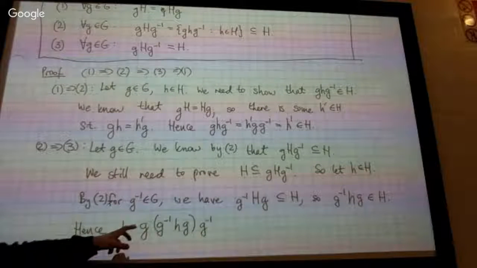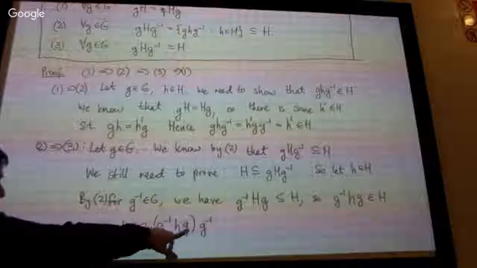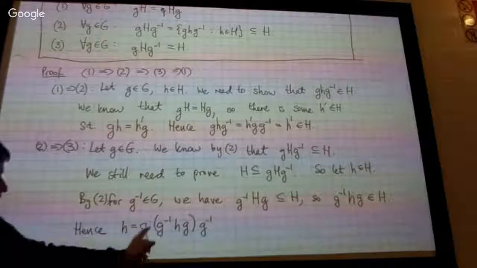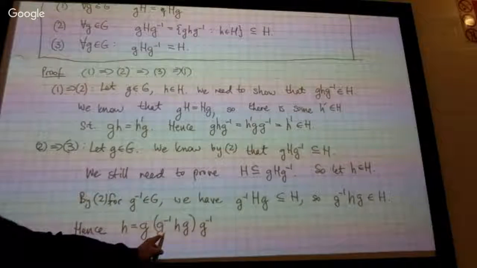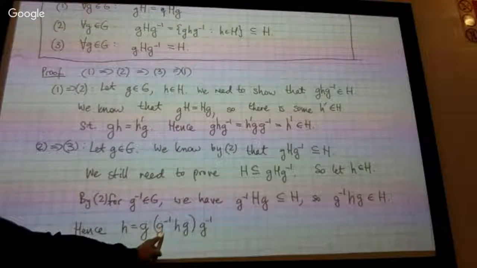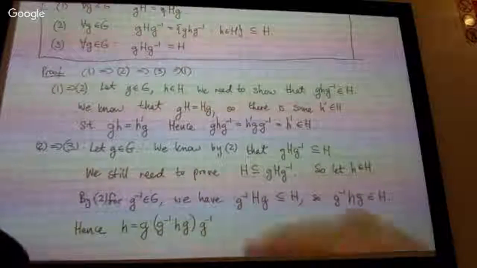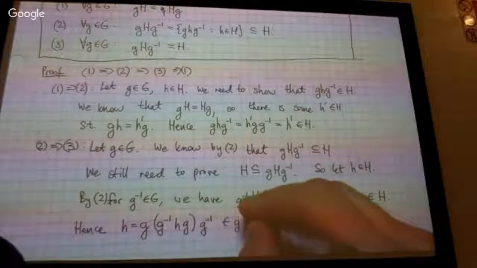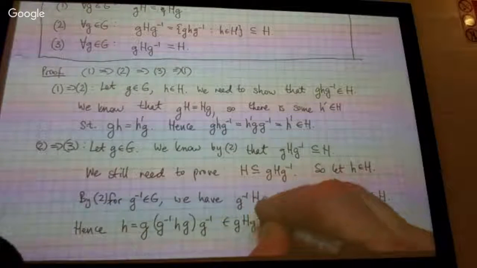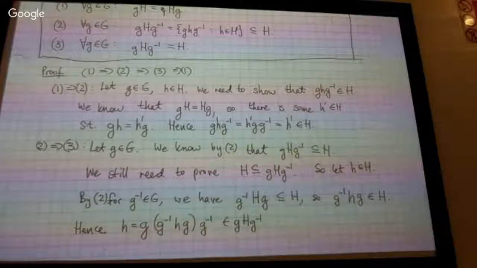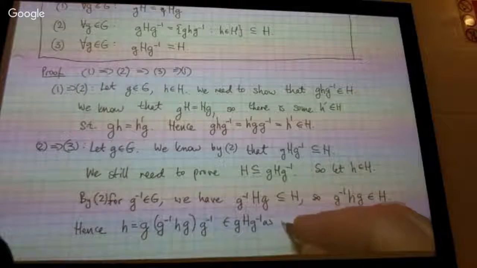Because by associativity, you can do this and you get the identity, again you get the identity, so it's H. And now the bracket is in the subgroup capital H. So this whole product is in GHG inverse, as we wanted to prove.